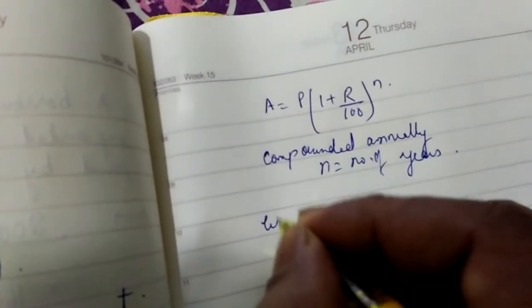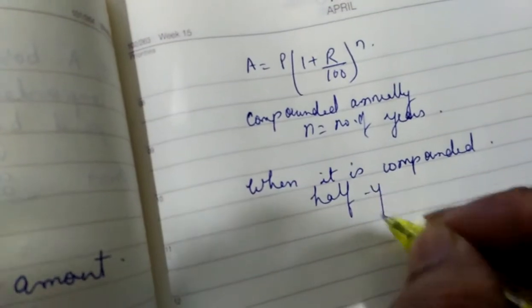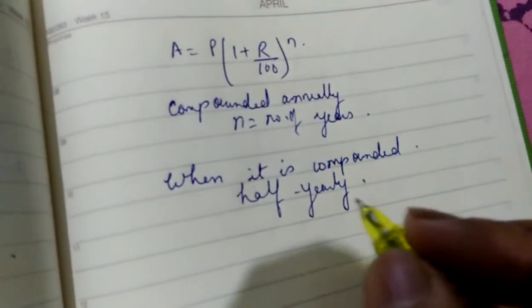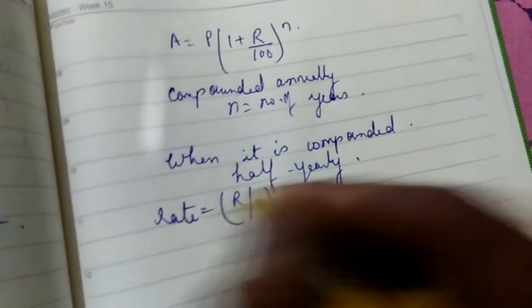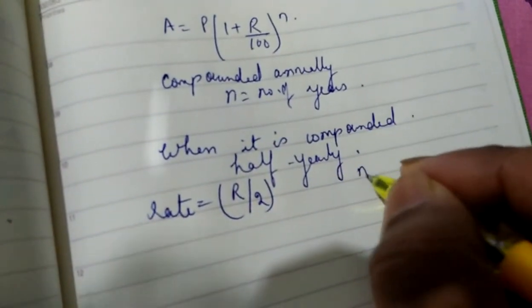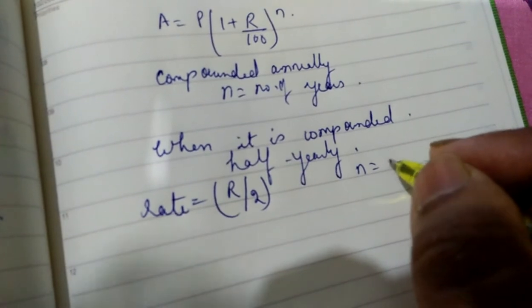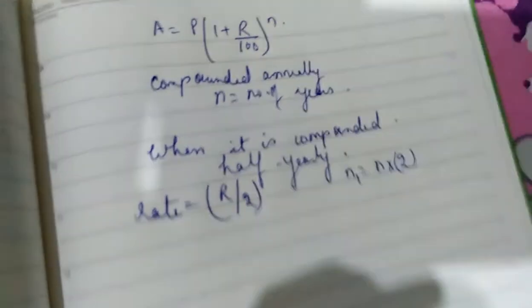Okay, so whenever it is compounded half yearly, rate will become half and n will be multiplied by 2.